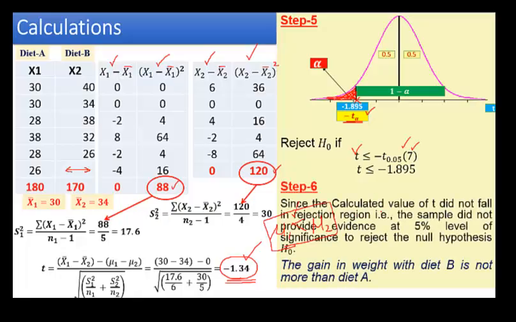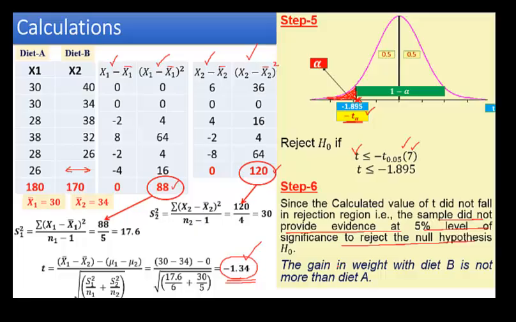Since the calculated value of t did not fall in the rejection region, because minus 1.34 is not less than this number, we are unable to reject the null hypothesis. We cannot reject the null hypothesis here. So we can say that the sample did not provide evidence at the 5% level of significance to reject the null hypothesis.